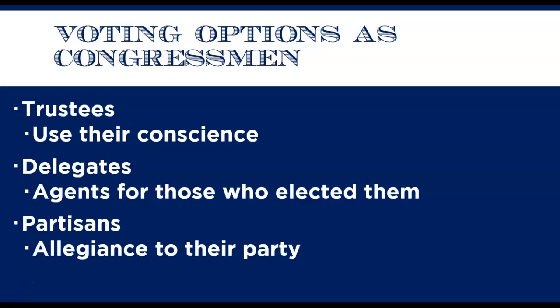They may be against abortion, but if their party has a certain viewpoint on it, they're going to go with their party. Then you have politicos, who are basically a combination of all. They do a little bit of everything. So those are your four main types of congressmen in terms of how they vote.